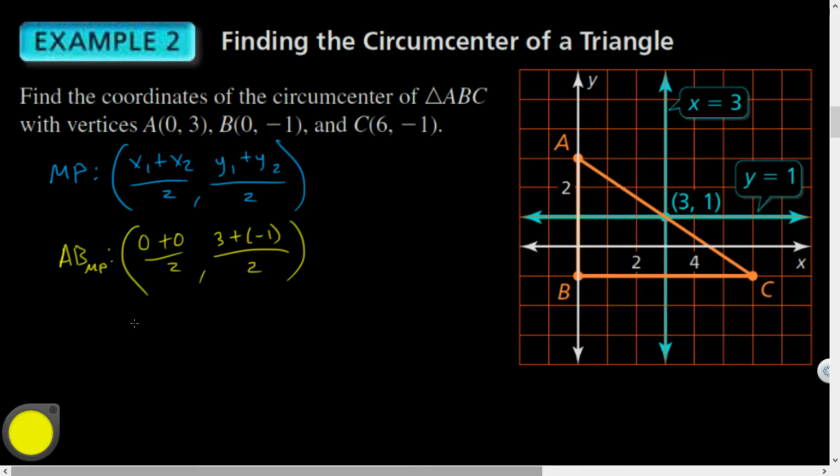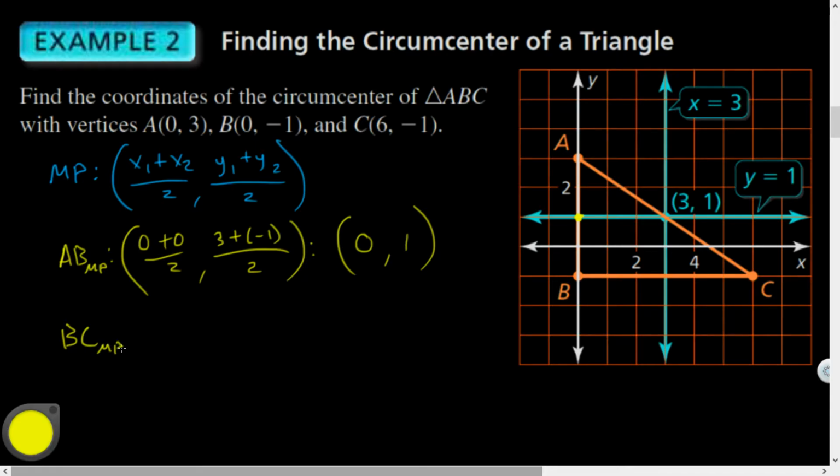So the AB midpoint is (0, 1), since 3 plus negative 1 is 2, and 2 divided by 2 is 1. And notice right here is the point (0, 1).